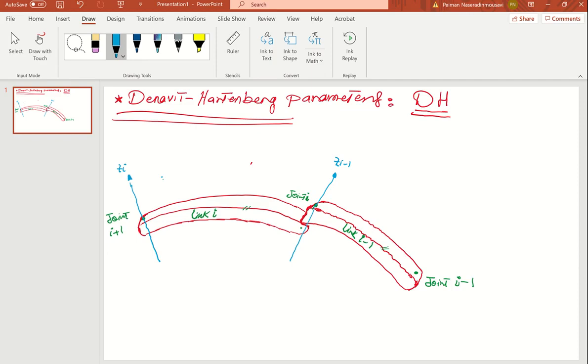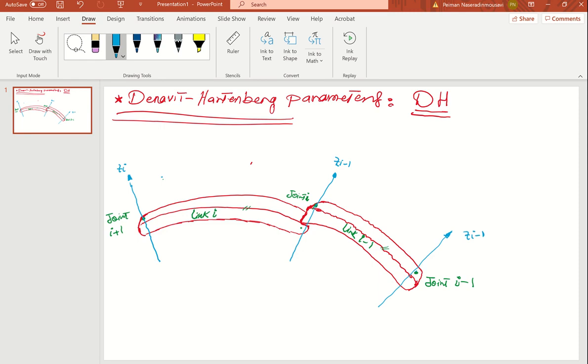And this is axis Zi minus 2. Sorry, remember from the previous class, because if you look at it, you understand.